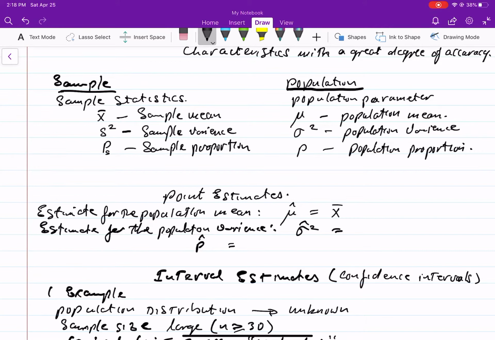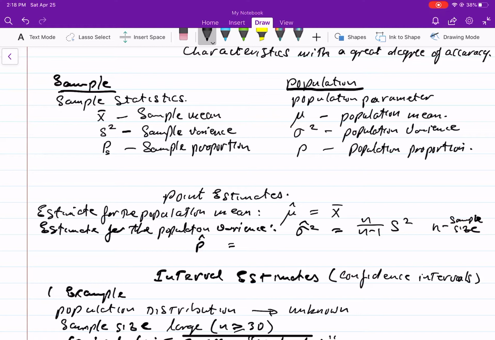The hat tells you it's an estimate for the population value. And it's more specifically referred to as a point estimate. Sigma squared hat is the estimate for the population variance. And that's given by n over n minus 1 times s squared, where n is the sample size. I know you remember that, right? N is the sample size.